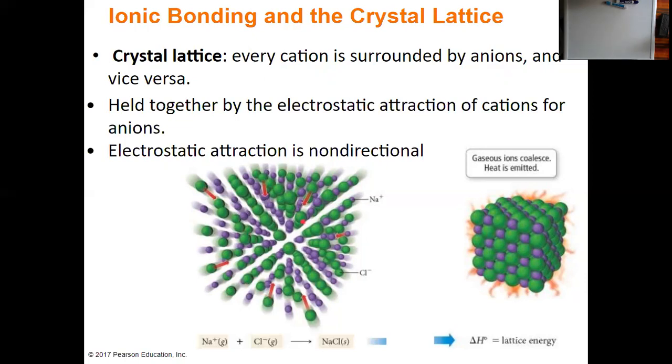A crystal lattice is able to maximize the attractions between the cations and the anions, which leads to a very, very stable arrangement between them. This electrostatic attraction is non-directional, so it's not pulling in one direction or the other. There's no specific anion-cation pair. There is no ionic molecule. We only have our base formula unit.